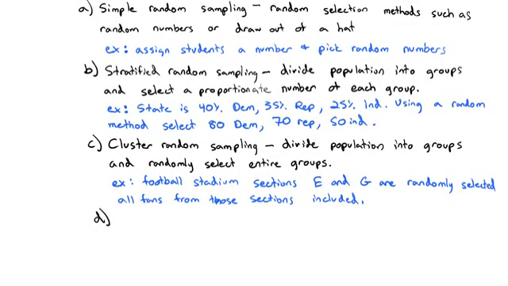The last random method we're going to use is called systematic random sampling.